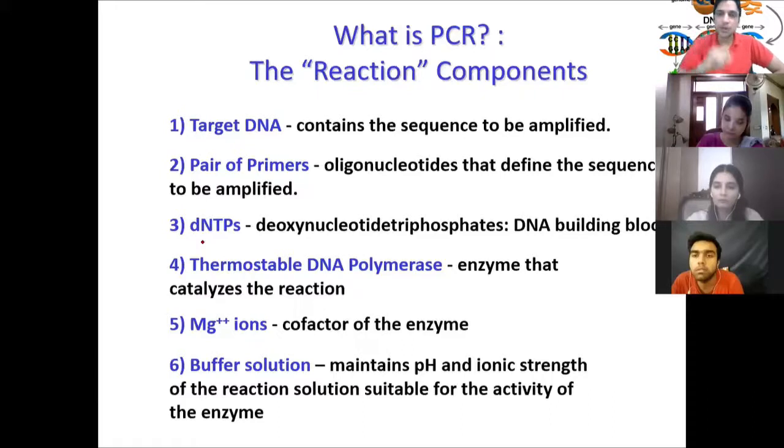These are the nucleotides, deoxynucleotide triphosphates, building blocks of DNA. The N stands for the 4 bases.